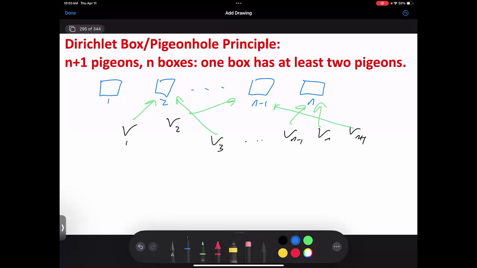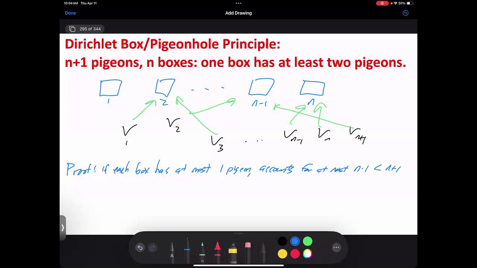And the proof is not so bad. If each box has at most 1 pigeon, that accounts for at most n times 1, which is less than n plus 1. We have n plus 1 pigeons, and that only accounts for n.